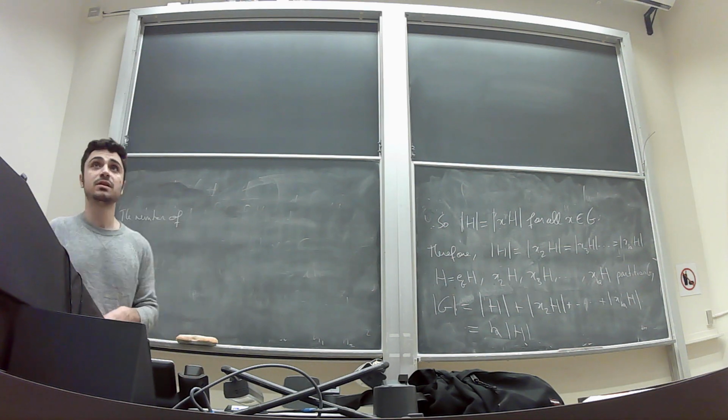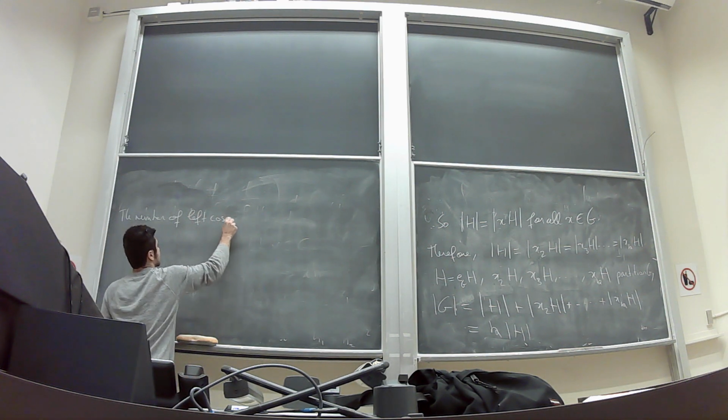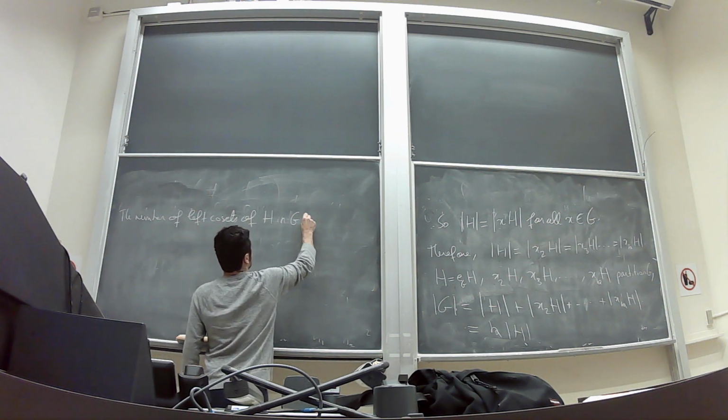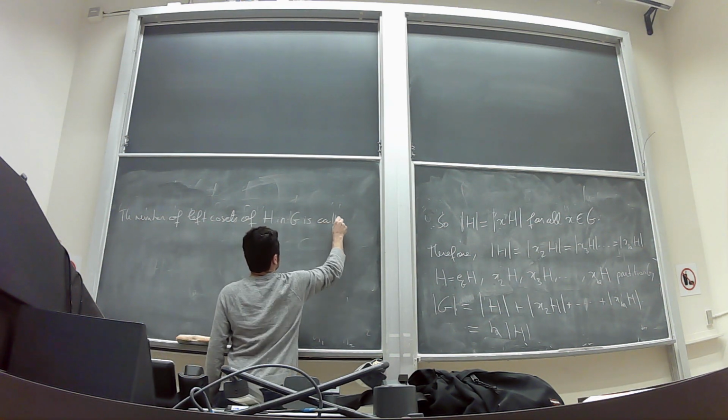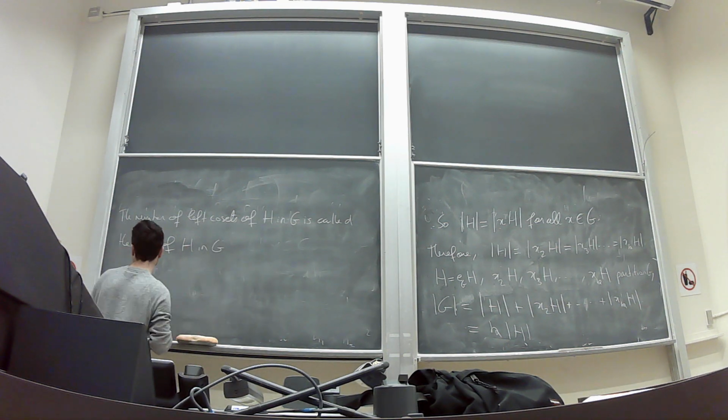The left cosets, right? The number of left cosets of H in G is called the index of H in G.